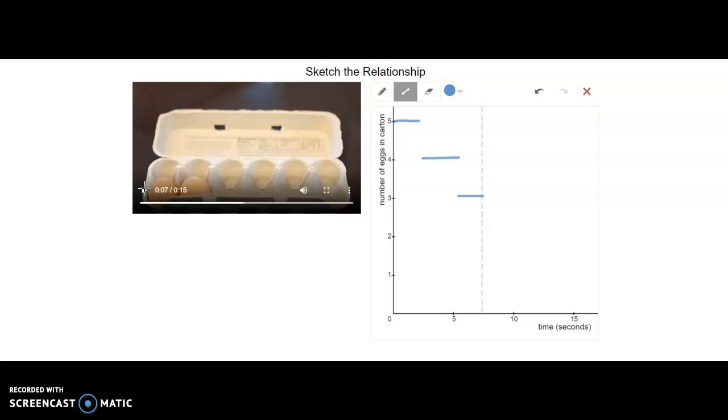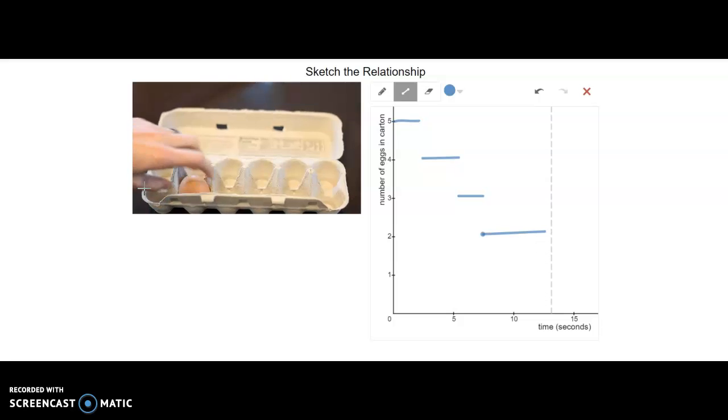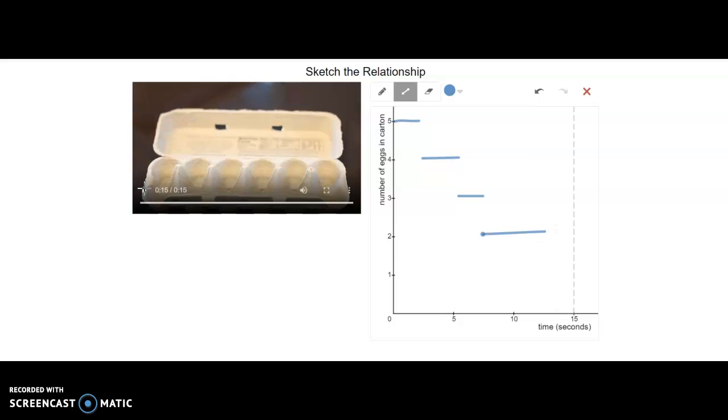And now how many eggs do I have left at this point? I have 2. So I have 2 eggs starting there all the way until, let's see, right there. And then I have 1 egg. And then at that point I have no eggs all the way at the bottom. Okay?